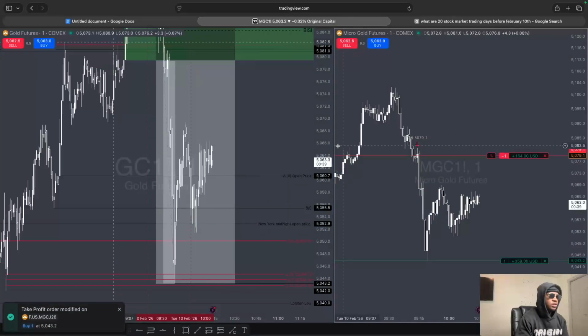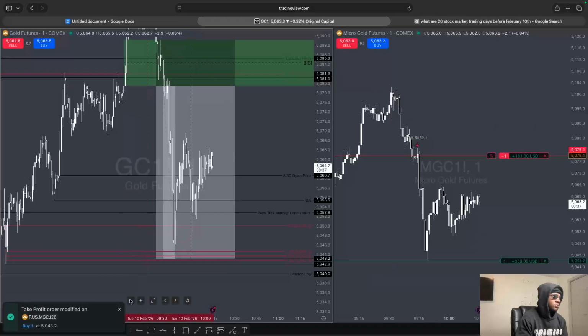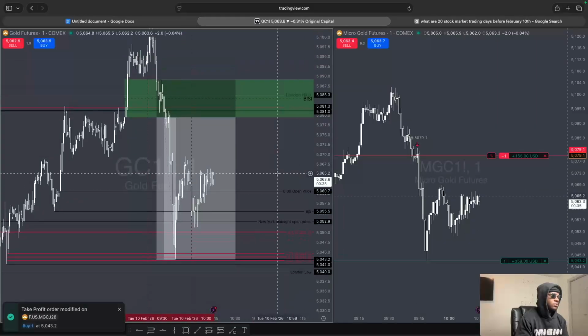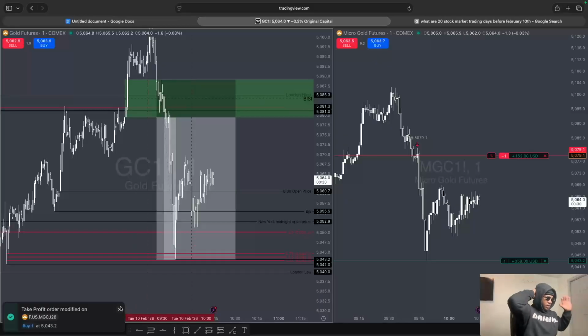All right, so we're just gonna sit here and watch this go. I didn't want to get stuck in chop. If it doesn't move how it's supposed to, probably by the 10:50 to 11:10 macro it has a move. If not, then it is what it is.